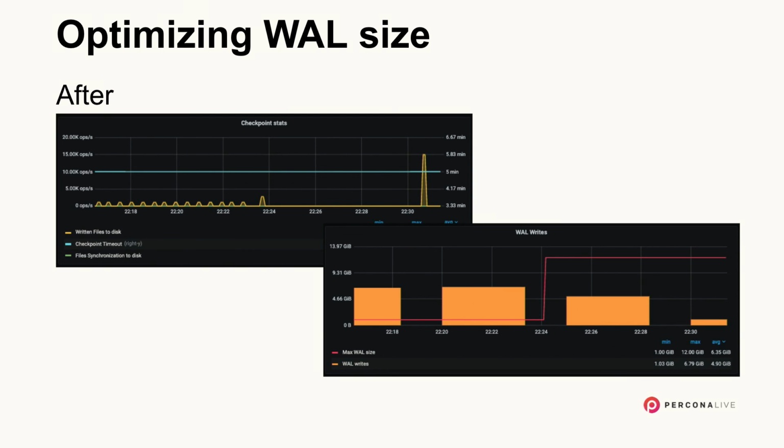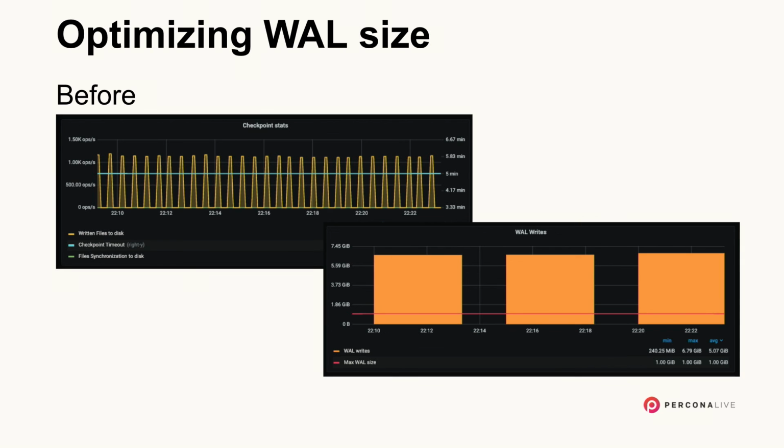Then when you increase it to 12 gigs, you start seeing less checkpointing activity, which of course is what you want, right? You want to have checkpoints, but you want to control when they will happen, right? This will be less taxing on your I/O subsystem, right? So before, as you can see, we had a lot of checkpointing going crazy all of the time, and the WAL size was really low for the amount of writes that we had.